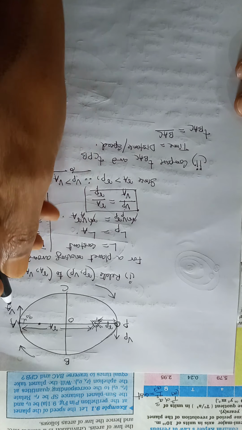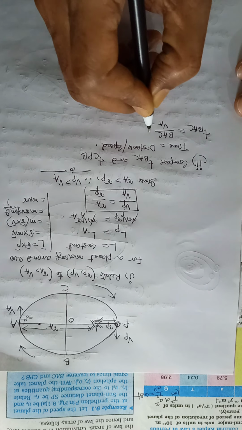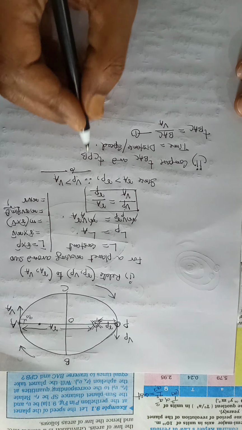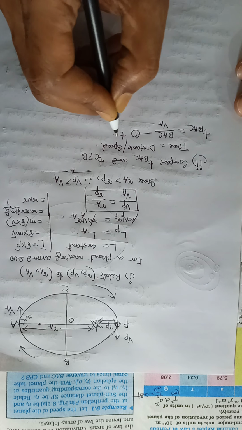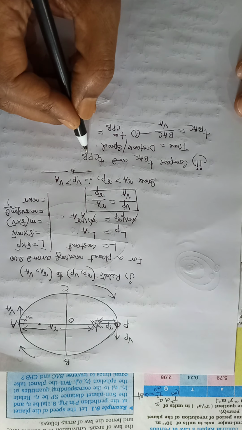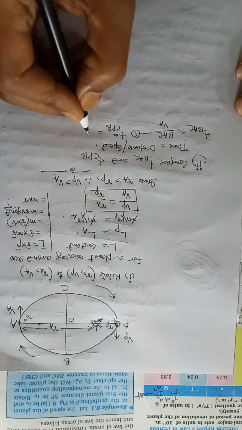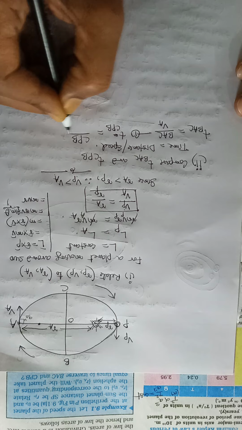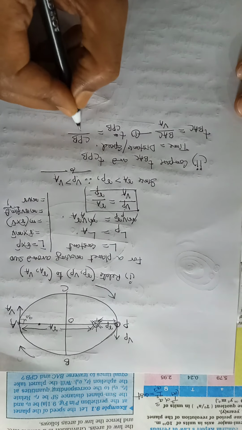What is the speed Va? Similarly for CPB. For this, what is the distance CPB? Velocity Vp.